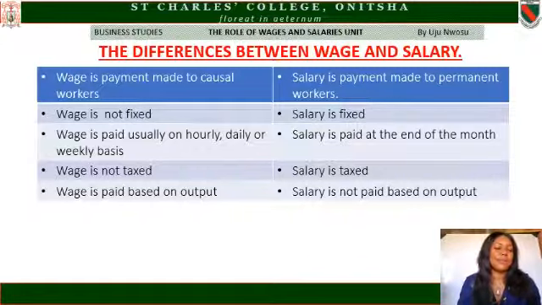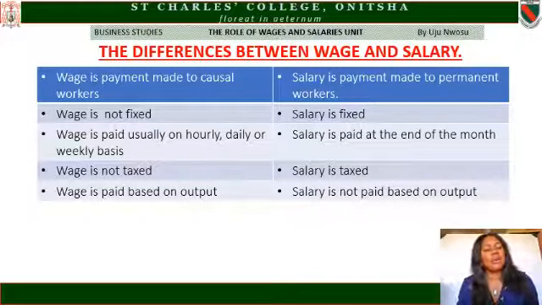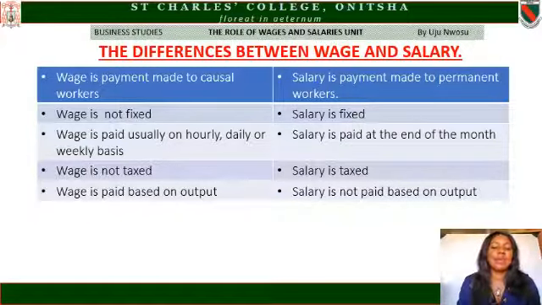Number 3, wage is paid usually on an hourly, daily, or weekly basis, while salary is paid at the end of the month. Number 4, wage is not taxed, while salary is taxed.